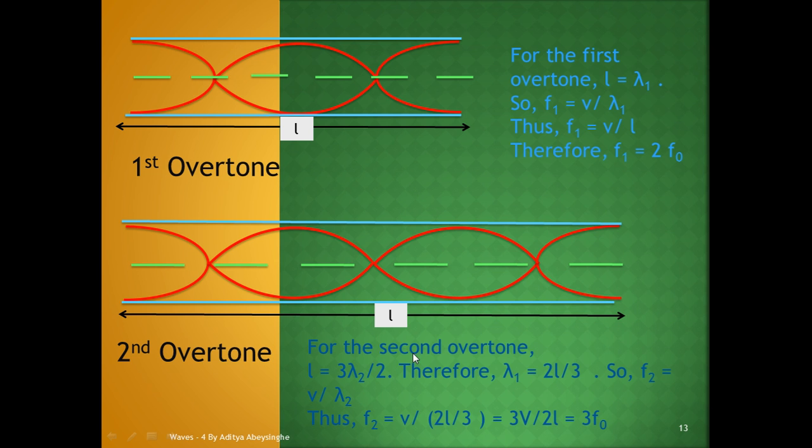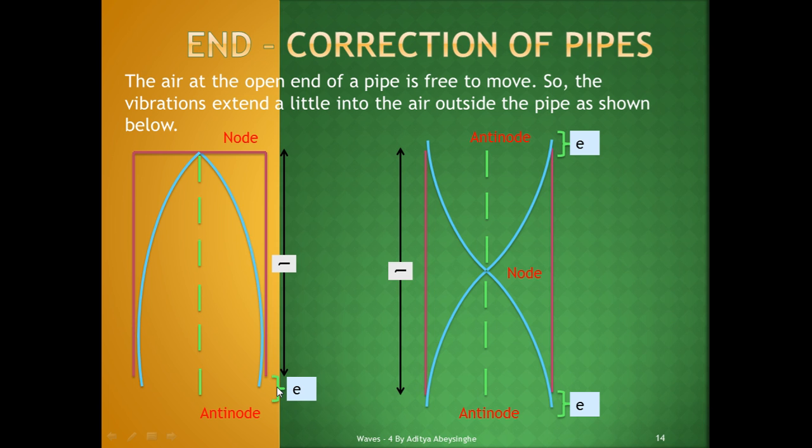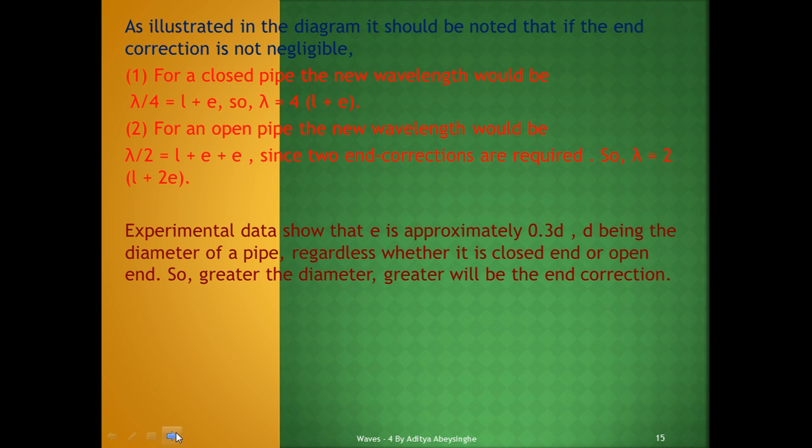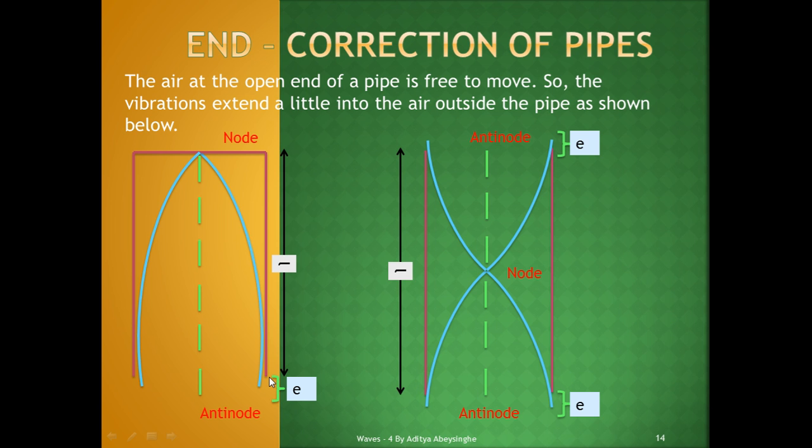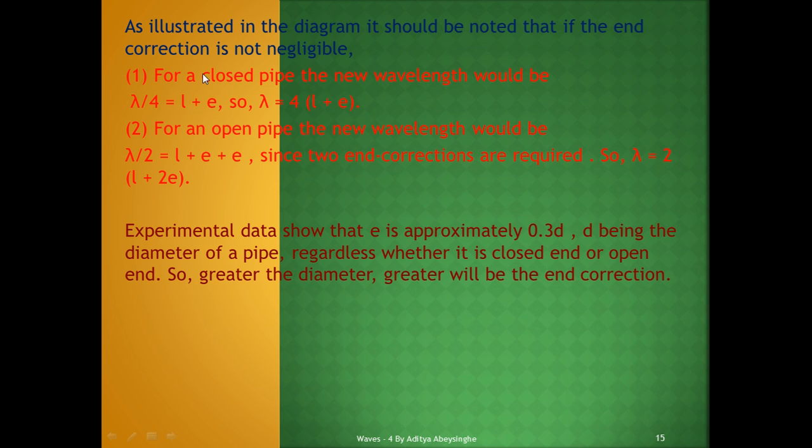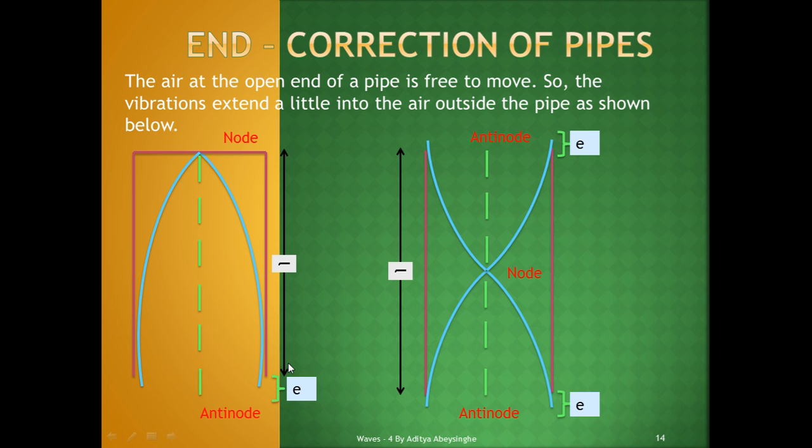Although we have some part like this, when you are calculating the frequencies, we don't take that part, which we'll call E, the end correction, into account. So what you do here is take the total length not as L but as L plus E, because we have only one end correction to be added.